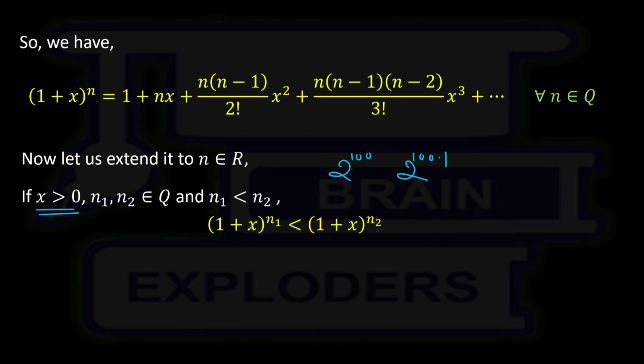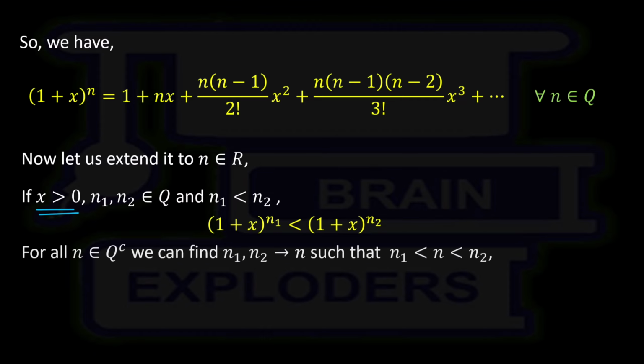So the greater power will be greater, right? The side with the greater power will be greater. Why? Because both the bases are greater than 1, and things work opposite with bases less than 1 and greater than 0. Okay, so here we can write 1 plus x raised to the power n1 is less than 1 plus x raised to the power n2.